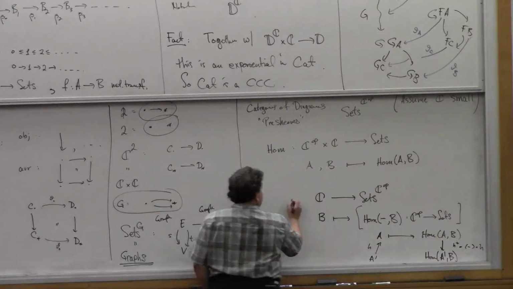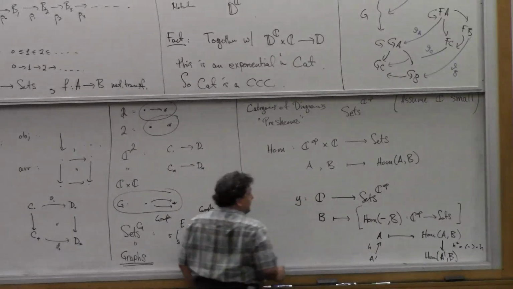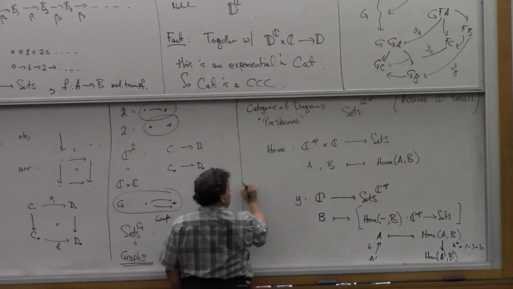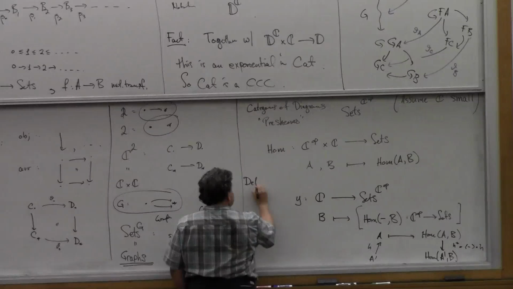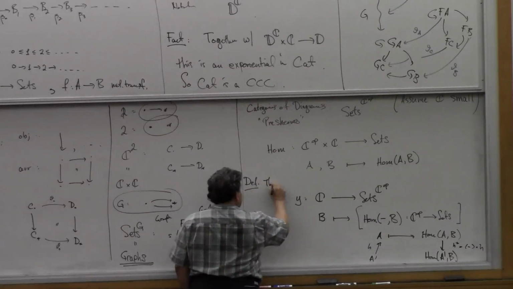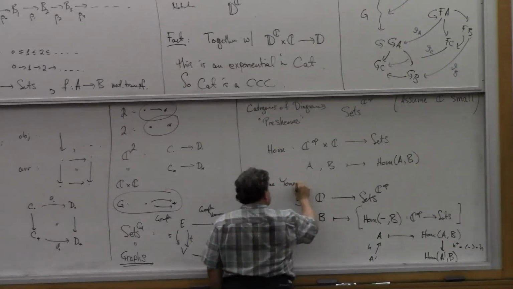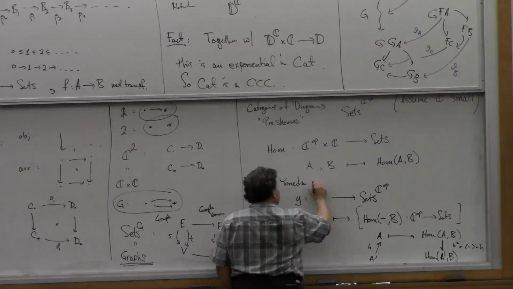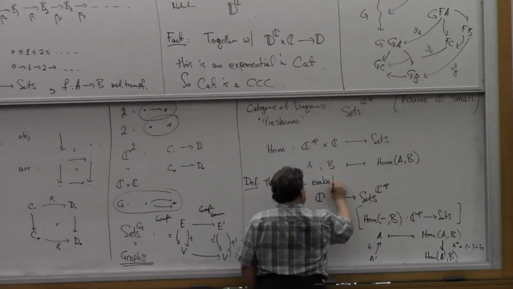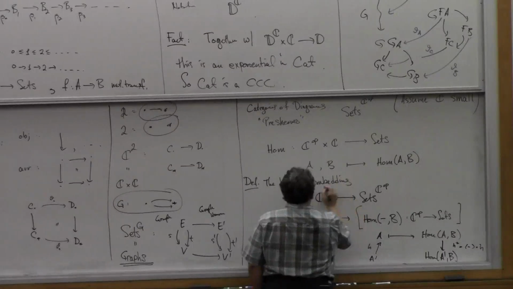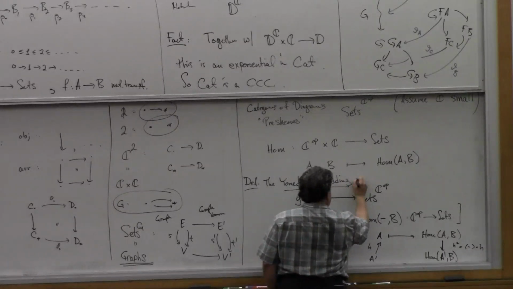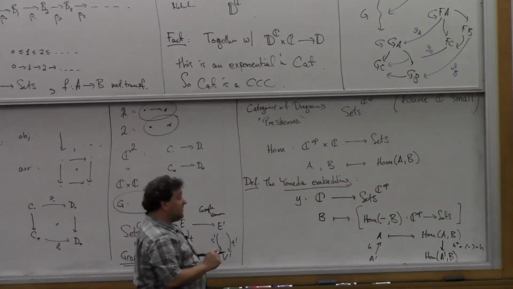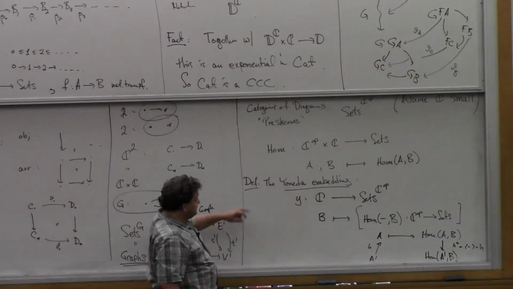This map here, conventionally denoted Y, is called the Yoneda embedding. And that it is an embedding is a consequence of the Yoneda lemma, which we're going to not completely prove, but at least mention now.